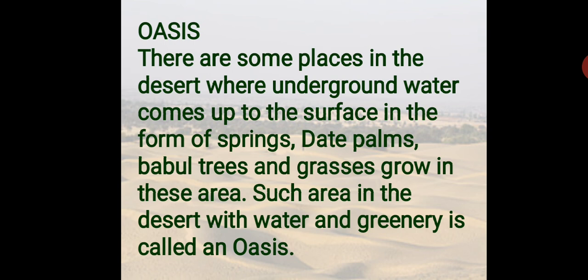Next is oases. What is an oasis? In the desert, actually children, there are some places where underground water comes up to the surface in the form of springs.